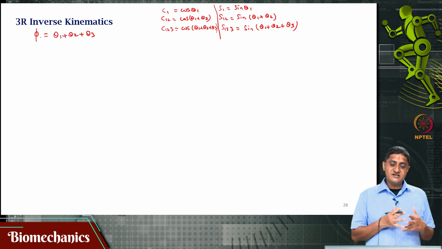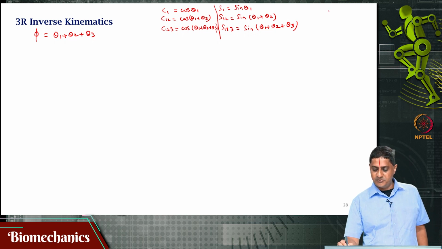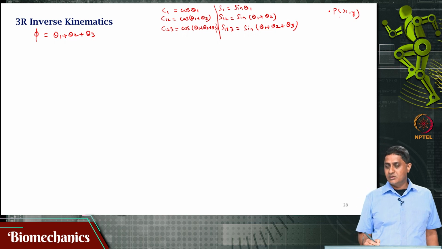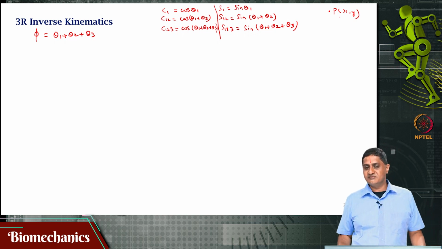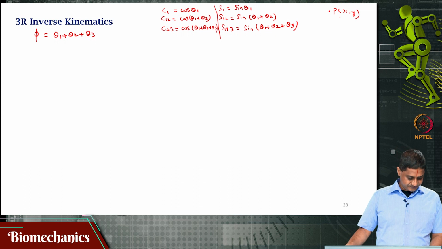Okay. In the previous case, I only assumed the coordinates of the endpoint P, P of x comma y, is what I know. But that will not be sufficient for me to solve a 3R inverse kinematics case, because I only have two coordinates. It will not be sufficient. So, I need an additional constraint. In this case, I am assuming that I know theta 1 plus theta 2 plus theta 3, which I am going to call as phi. Okay.